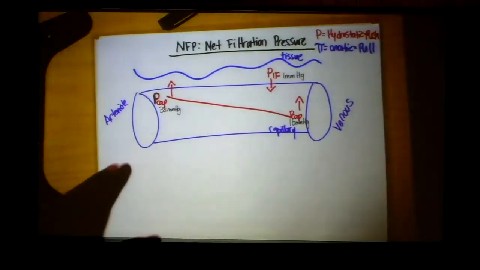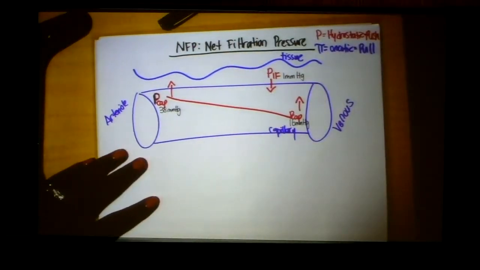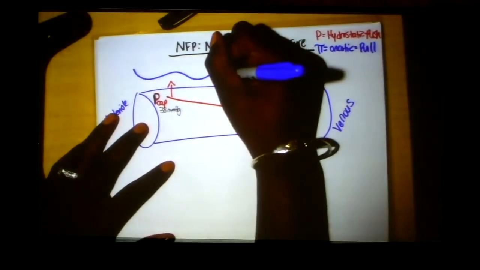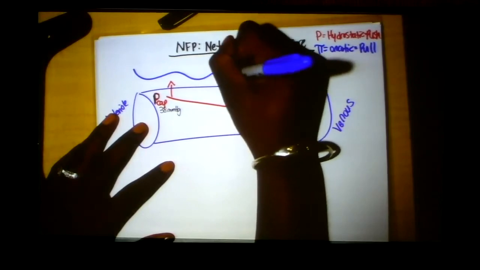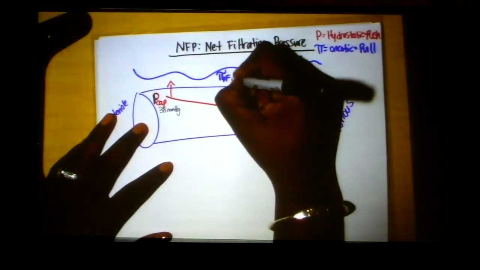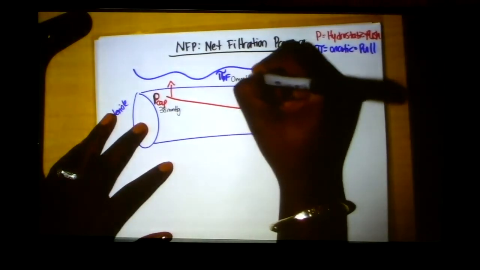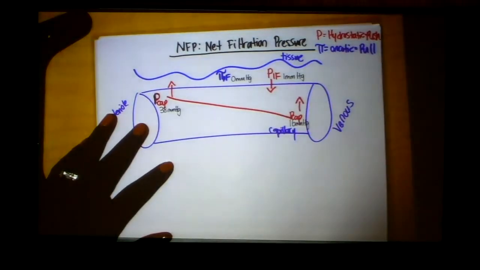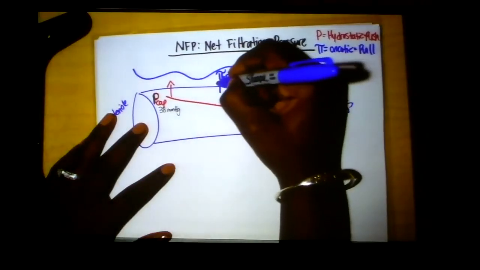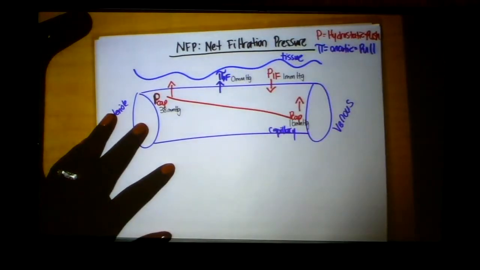Let's look at our osmotic pressures. The first one we have is the interstitial fluid osmotic pressure, and that we said is negligible. It's going to be 0 millimeters of mercury, and that is a pull force pulling fluid towards the interstitial space.